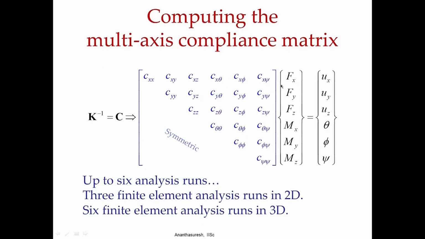Again, we can talk about how to design elastic pairs by looking at these values. There will be some target values depending on how much stiffness you want about the intended axis, which should be low stiffness or high compliance, and about other axes high stiffness and low compliance. So, you can look at those things and design.